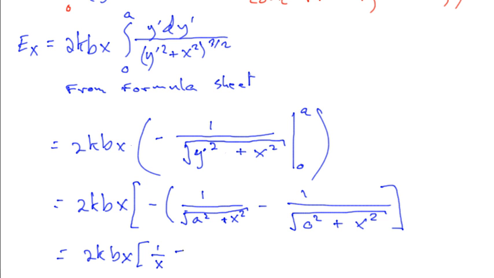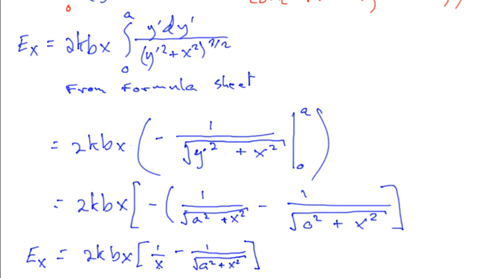And then minus 1 over this. This will be a positive contribution to e sub x if x is positive, so to the right of a positive charge distribution, with this being a positive x.